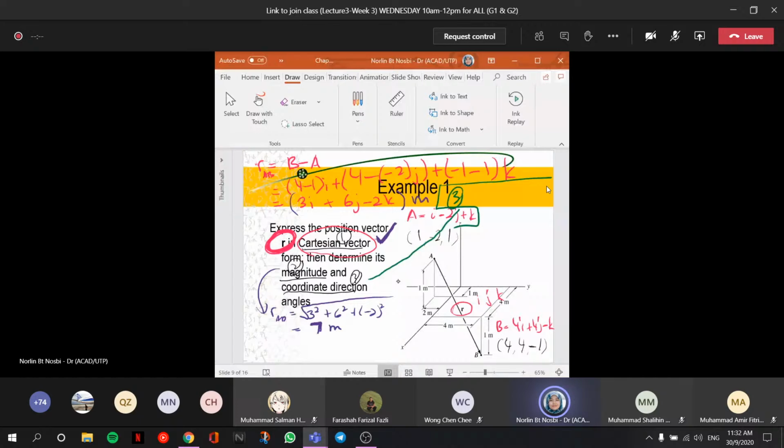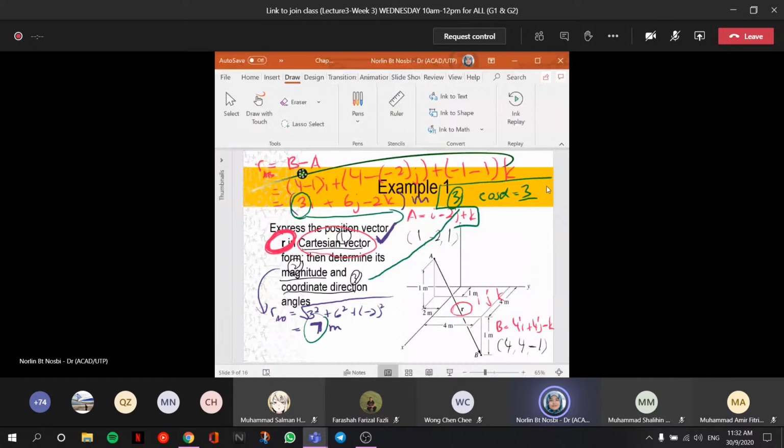So you write cos alpha equals the i component, which is 3, over the magnitude, which is 7. Then you will get the alpha value.